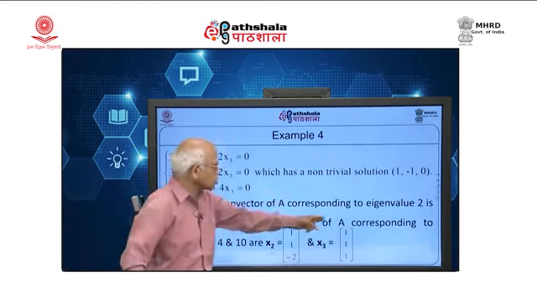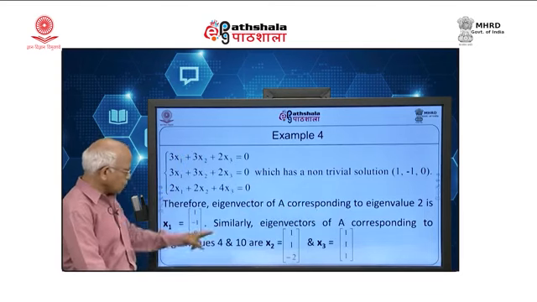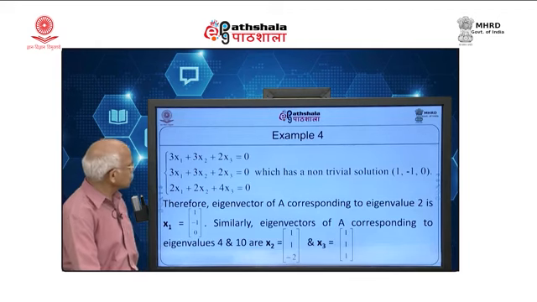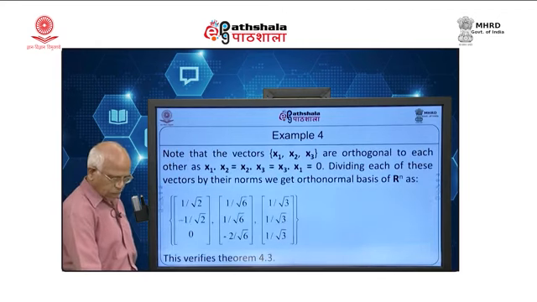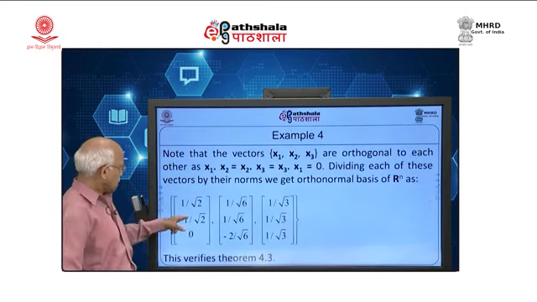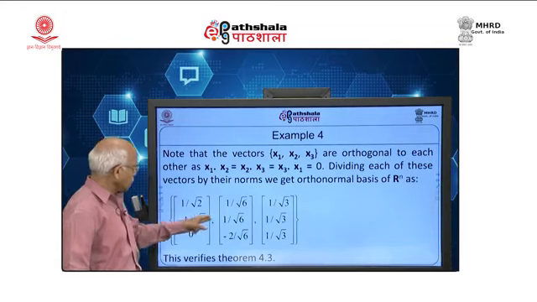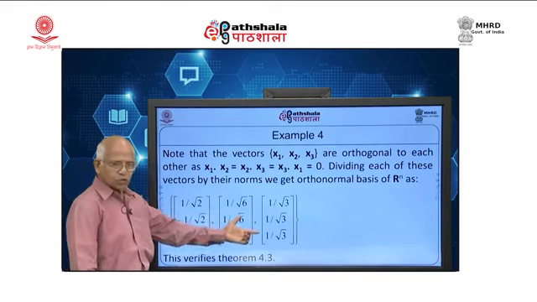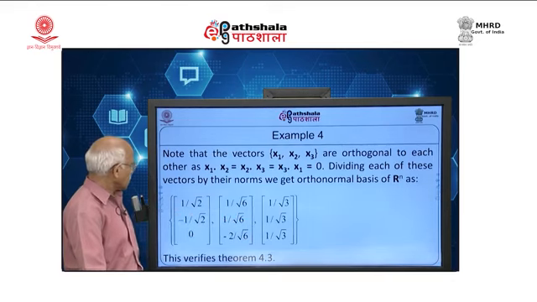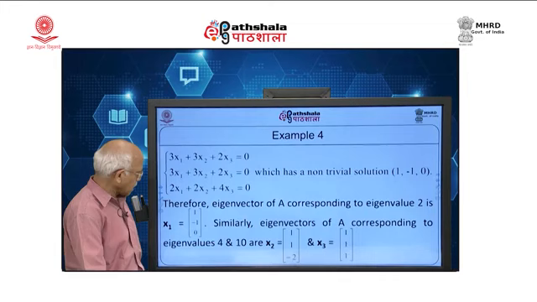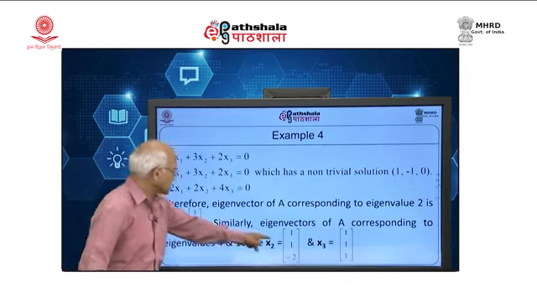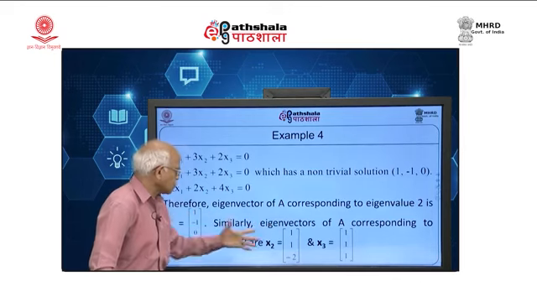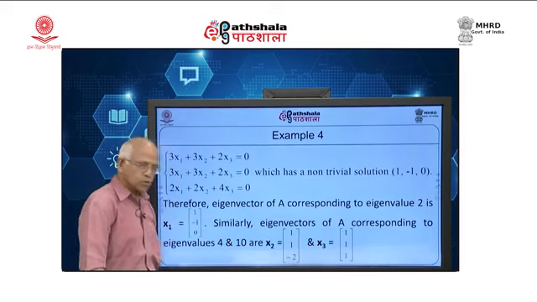Similarly, the eigenvectors of A corresponding to 4 and 10 are going to be like this, and if I take these 3 vectors together and divide by their magnitudes, I will get 3 vectors like this. You can see that all these 3 vectors are orthogonal to each other, because if I take the dot product of these 2, for example, it will be 1 minus 1, that is 0, because 0 into minus 2 is 0.